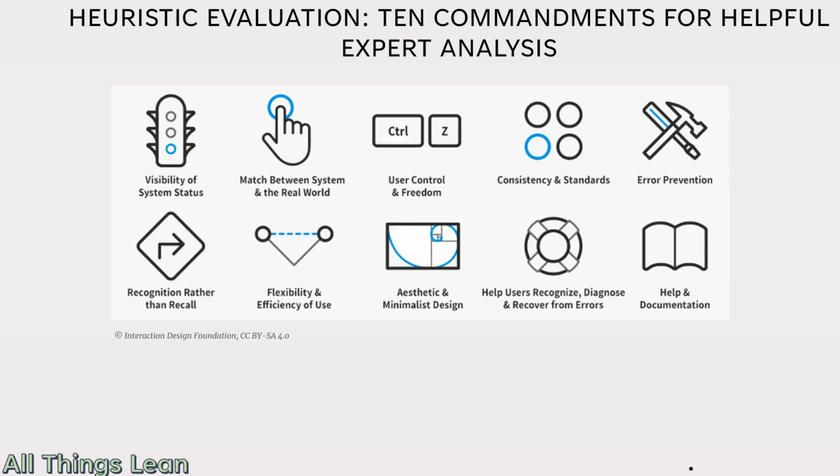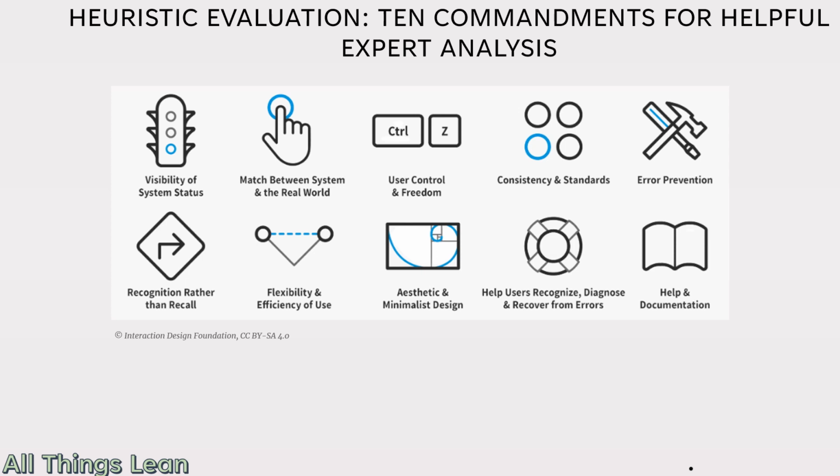The Nielsen-Molich heuristic states that a system should keep users informed about its status appropriately and promptly, show information in ways users understand from how the real world operates and in the user's language, offer user controls and let them undo errors easily.